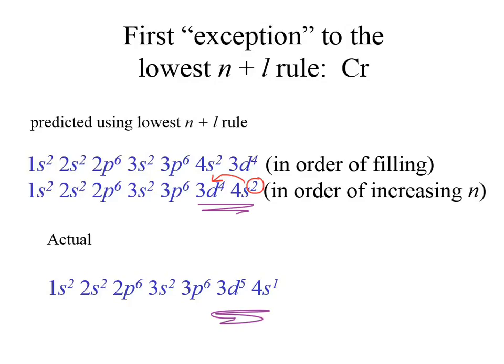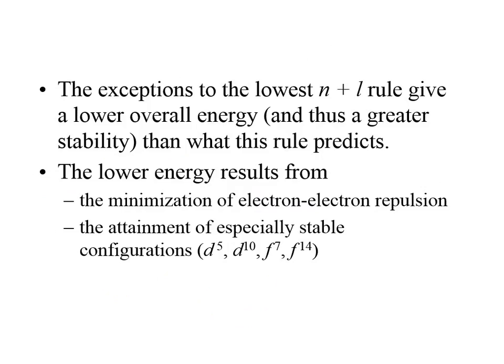You told me a D-type subshell can accommodate 10 electrons. What is 5 relative to 10? Half. That's exactly it. And what's 1 relative to 2? Half. So it's a more stable electron configuration for chromium to take one of its electrons and jump ship up into the higher energy subshell.